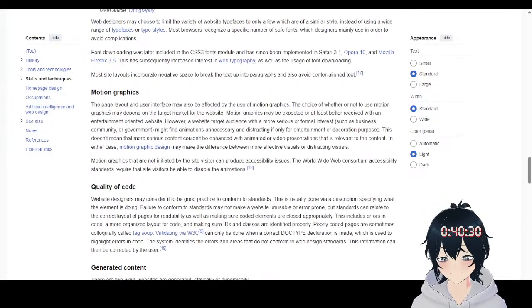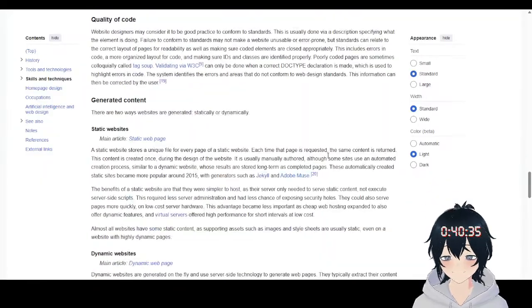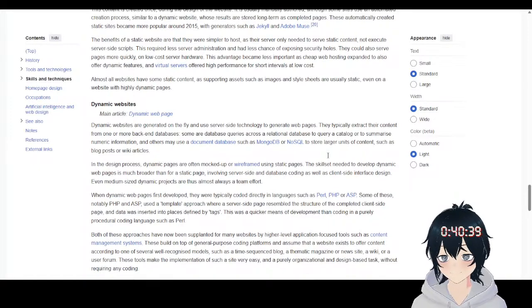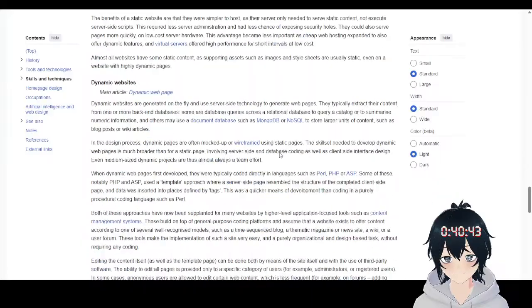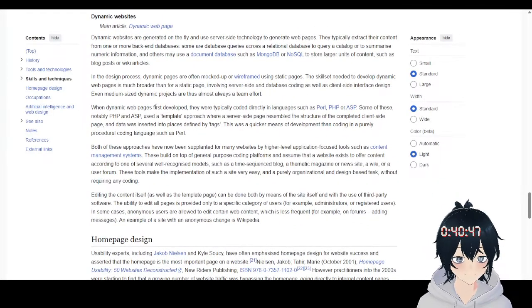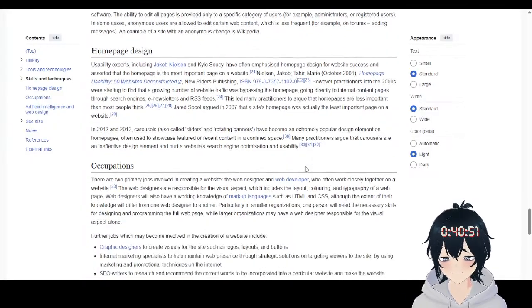Motion graphics. Static, dynamic. Dynamic is PHP. Can I not make it PHP? Okay, we shall see.